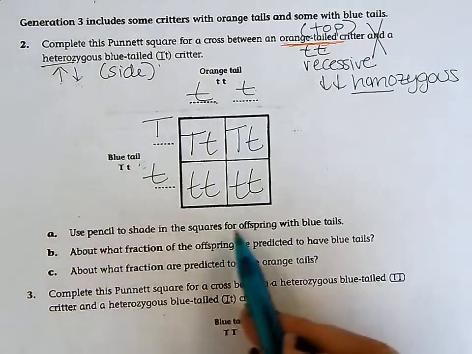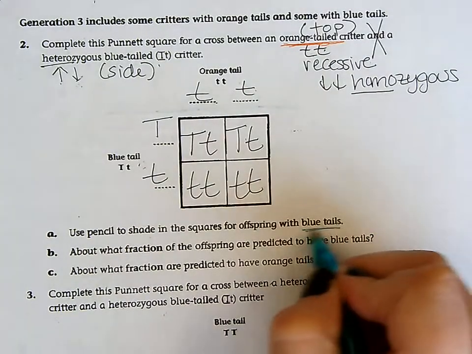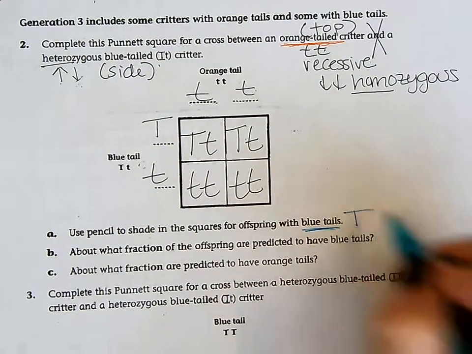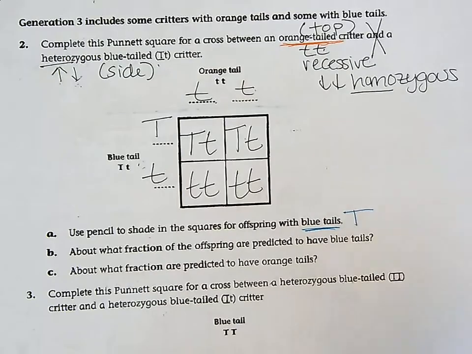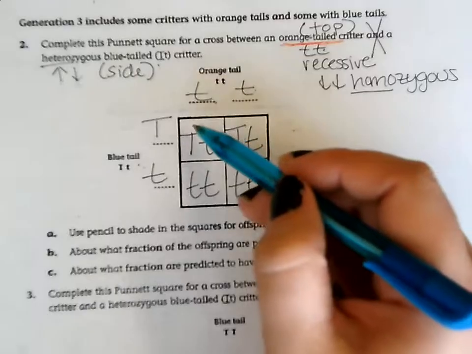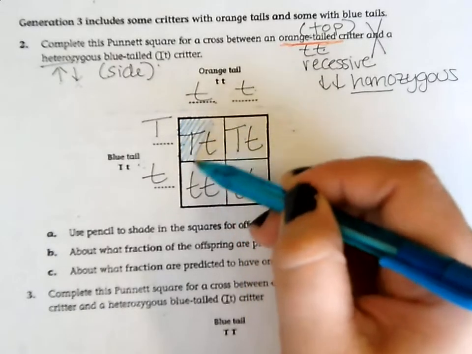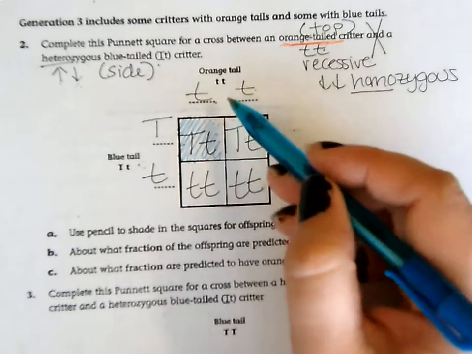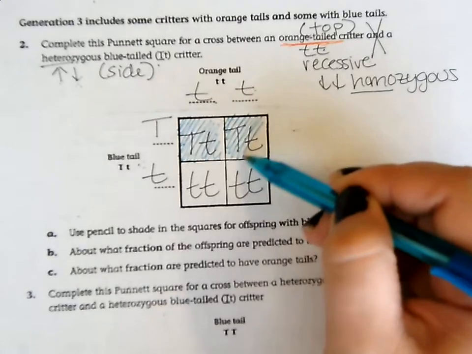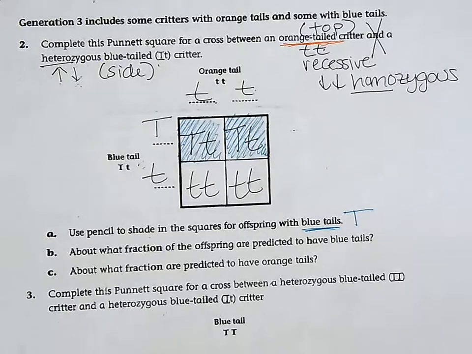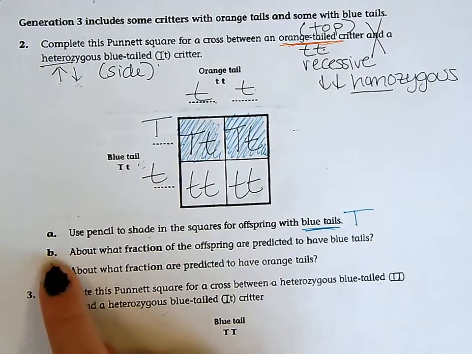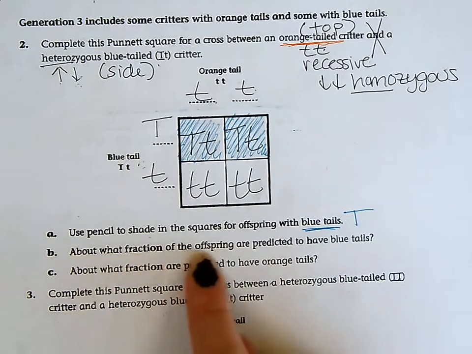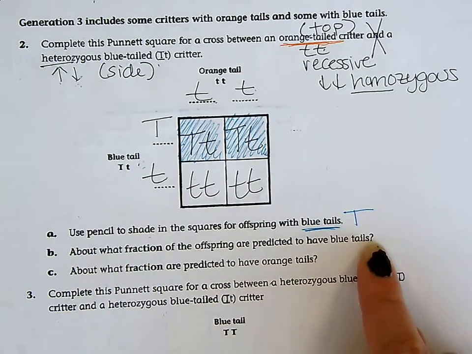So again, we're going to look at the options we have to do. It says use a pencil to shade in the squares with blue. Remember, if it's blue, it has to be a capital T, or has to have at least one of those alleles. So I'm going to shade in this one. It has a capital T, and the one right beside it. Part B, what fraction of the offspring are predicted to have blue tails?